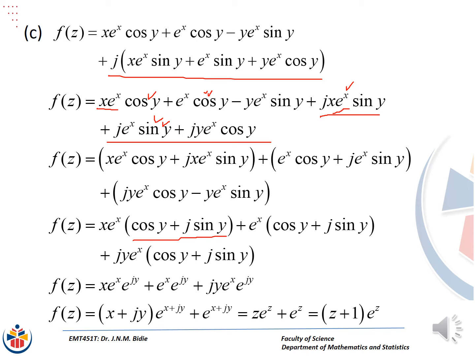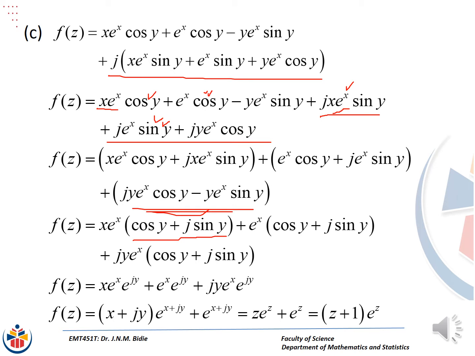Take out the common factor, x e to the power x, and then we're left with cos y plus j sine y in those two. Then we go to the next one, take out e to the power x, we're left with cos y plus j sine y. But then comes the last one.